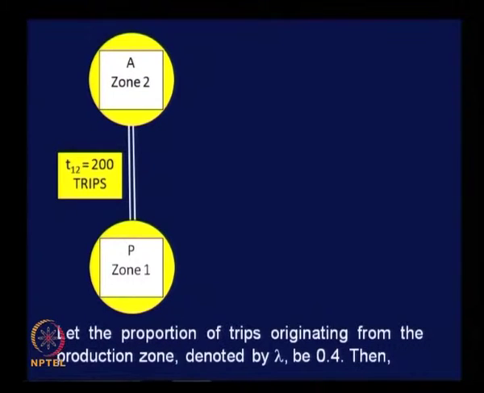Let us say the proportion of trips originating from the production zone, denoted by the letter lambda, be 0.4. Let us say 40% of the trips of the production zone are originating from that zone, right, arrows tending outwards, and 60% destined to that zone obviously.